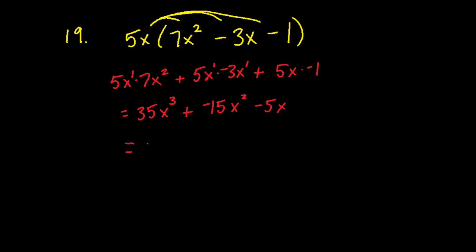So the final answer is 35x cubed minus 15x squared minus 5x.